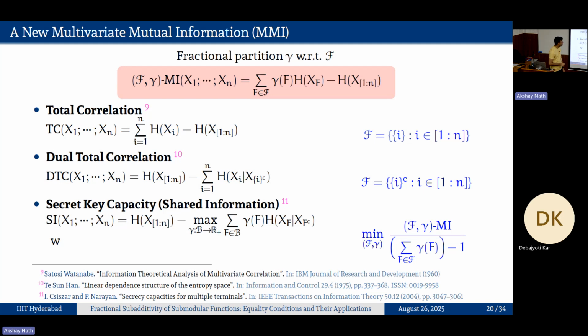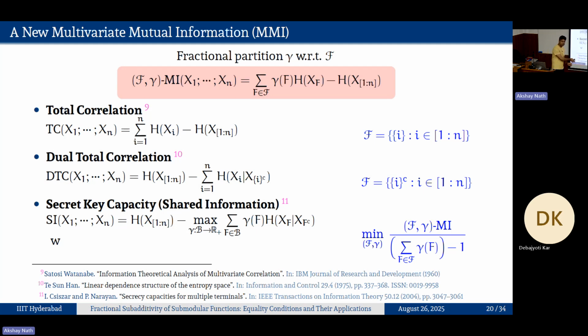I have not specified the condition on F complement, but this is related to the other side of the inequality; I've only shown you one side. I pushed the other side under the carpet when I said that H of X1 to Xn is at most some fractional subadditive quantity.